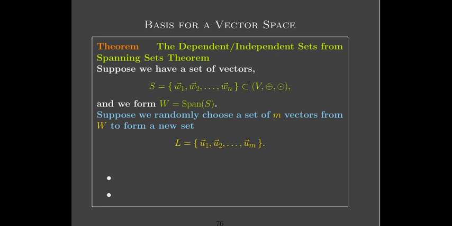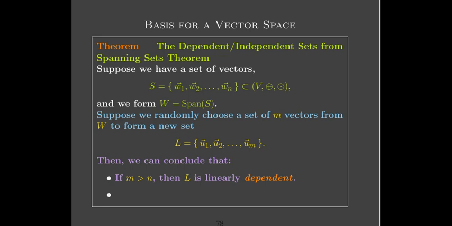Essentially, it says that if you take a finite subset of vectors and look at the span of those vectors, then we choose a certain number of vectors from the span of our original set. What can we say? Well, if we chose more vectors than we had in the original set, the new set has to be linearly dependent.